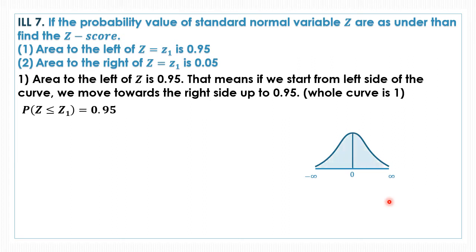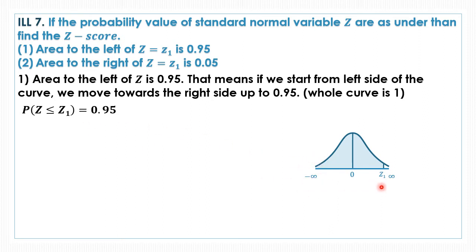So starting from negative infinity, my area will end somewhere here, keeping a small gap blank. So when I draw a line here, I will call it Z1. So Z is less than Z1, the probability is 0.95. So whenever we have a left hand side or the less than type, always start from negative infinity, because left hand side or less than values are from negative infinity.